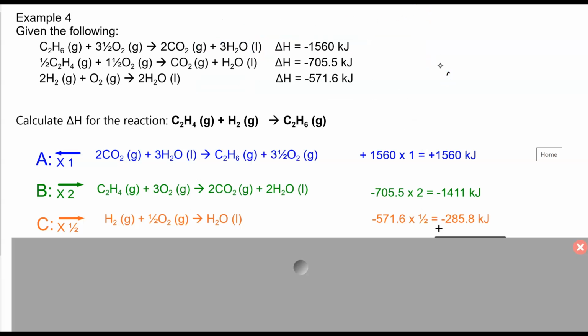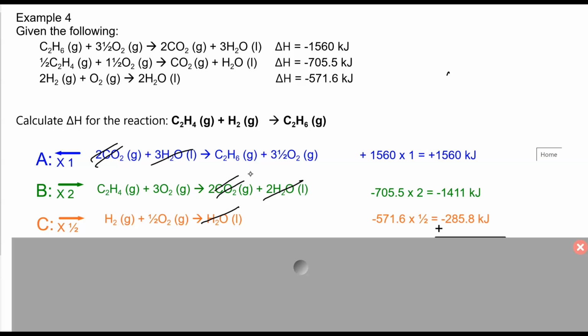Okay, so as I look here, I see that I have liquid water, 2 plus 1. So these 3 liquid waters are products, and we'll eliminate them against the 3 liquid waters as reactants. I also see I have 2 CO2 gas as reactants and 2 CO2 gas as products, so they will eliminate.